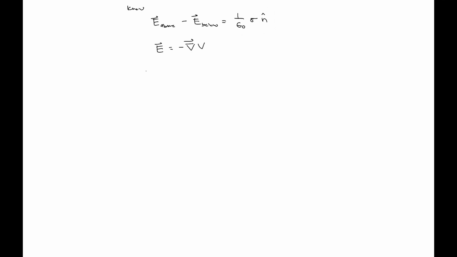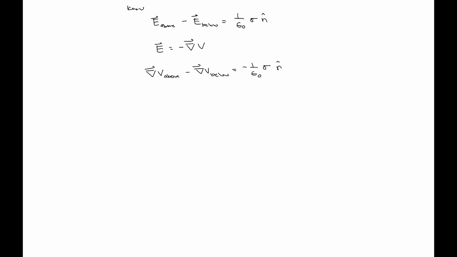So instead of writing the electric field, I can write this in terms of the gradient of the potential. And I'm going to have to throw a negative sign in there somewhere. I'm going to put it on the right-hand side.